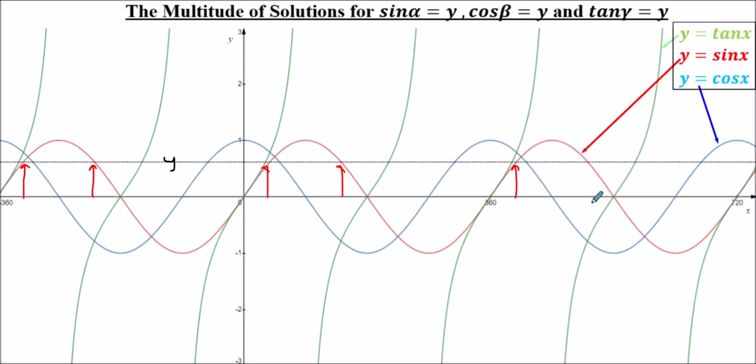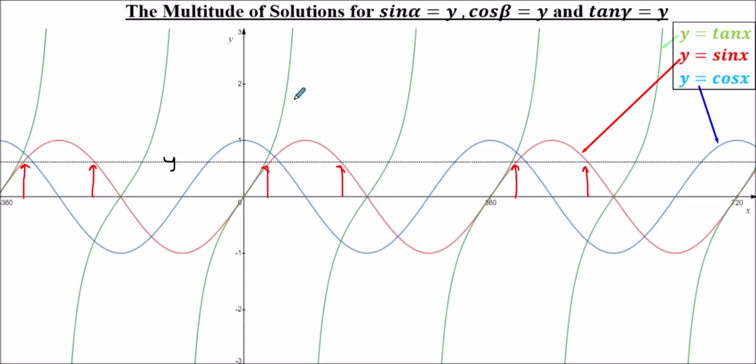Now, I've only chosen x to go from about 720 degrees back to about -360. But if this line were extended to arbitrarily long lengths, there'd actually be an infinite number of different values of x, which would yield the same value of sine x.